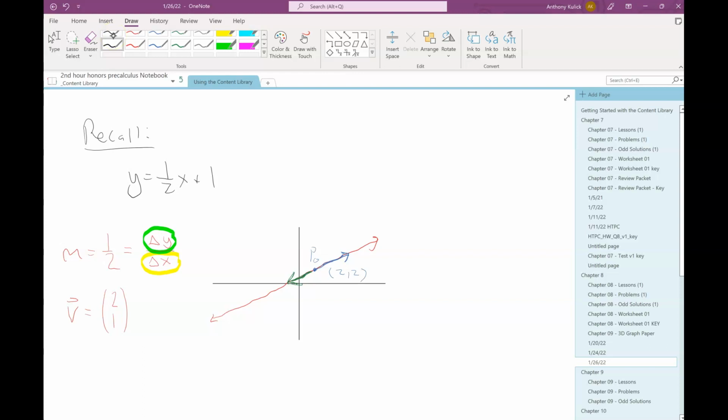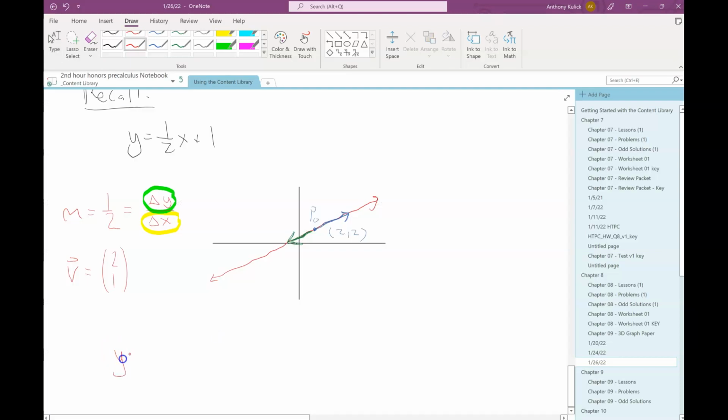Okay. So then we could say, well, my vector equation would just be like y equals p naught plus v, right? No. What's wrong with this? Well, I have a vector plus not a vector equals not a vector.